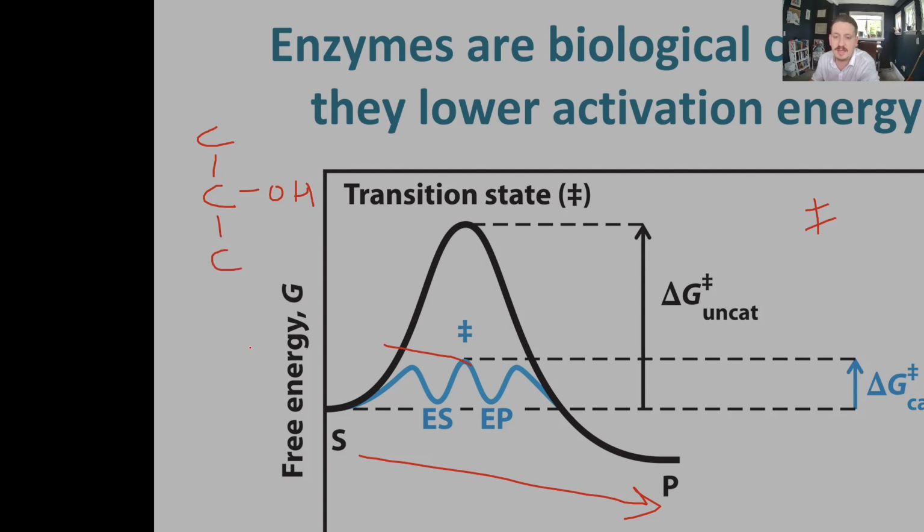Let's do it like this to make it a little bit cleaner. We've got an OH here, and this is the substrate, and the product is where we have the OH here. So it's moved from carbon 2 to carbon 1, for instance. I haven't drawn in all the hydrogens. You get the idea. And so that may be the chemical reaction.